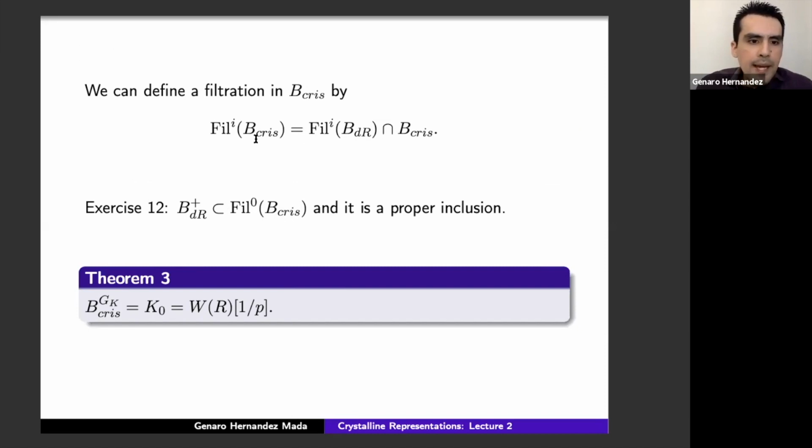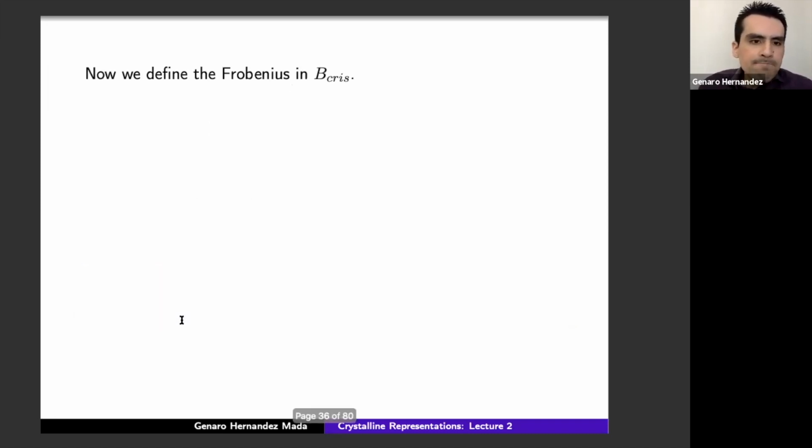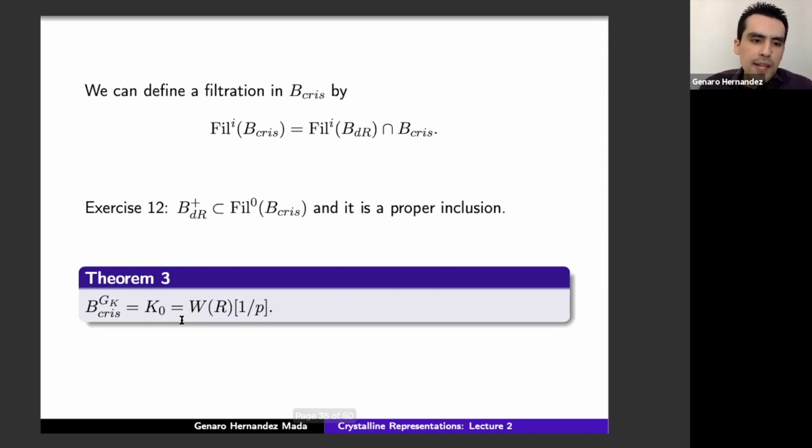We would also like to see the G_K-invariance of B_cris, just as we did for B_dR. In this case, it's actually K_0. You remember that for B_dR, the G_K-invariants were K. Here it is K_0. I'm not proving any of this.